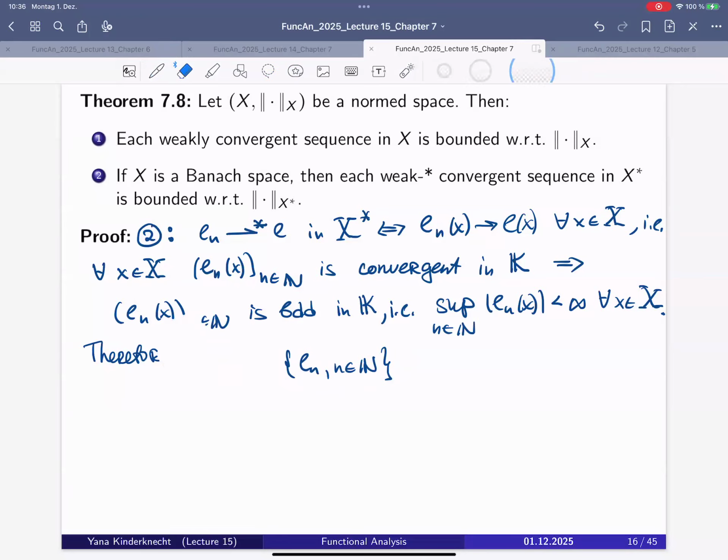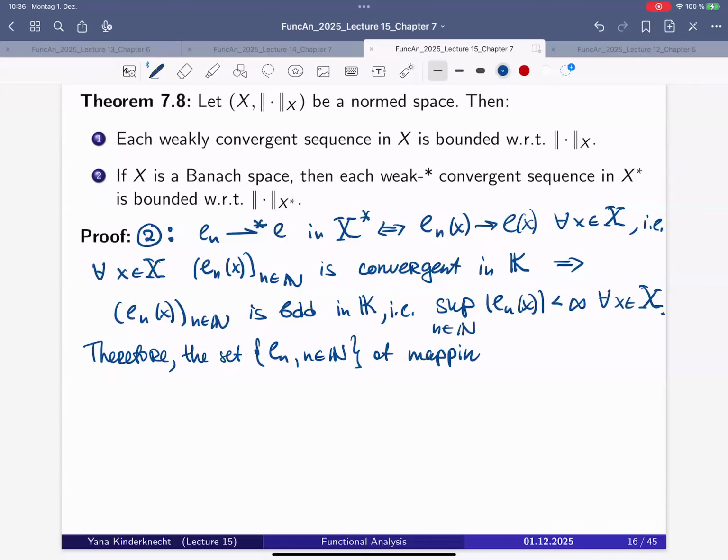Therefore, the set of the linear functionals, that is mappings from the Banach space X to the normed space K, is pointwise bounded.